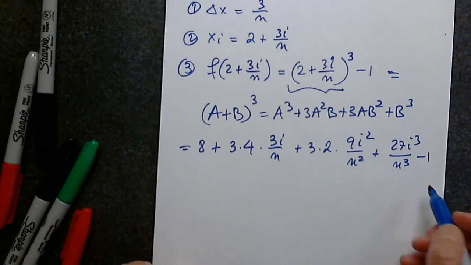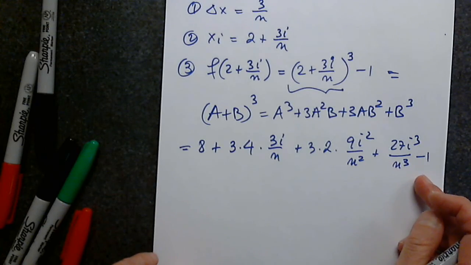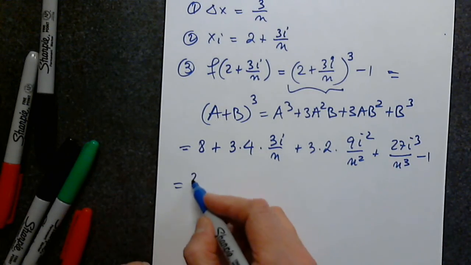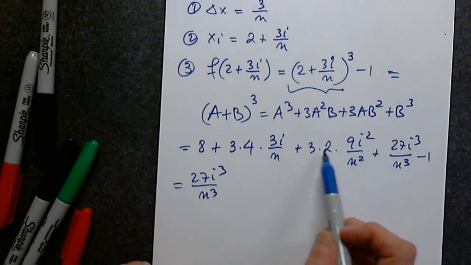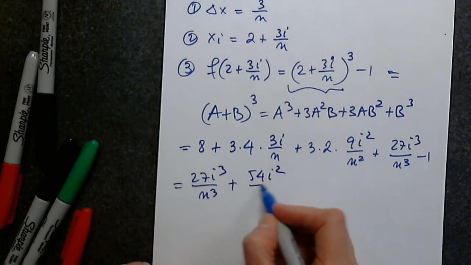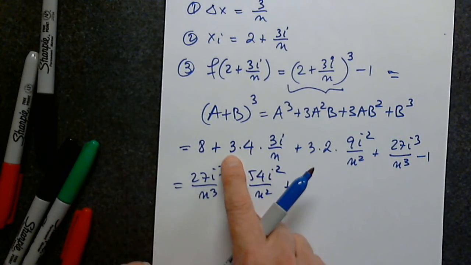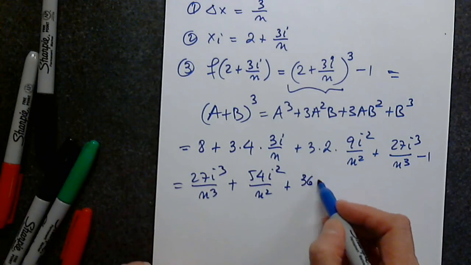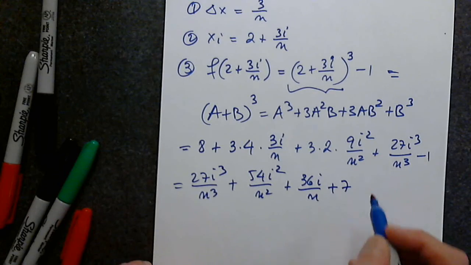Do you want me to simplify it, or is it okay if I? So I'll start with this, which is 27i cubed over n cubed. Then this is 6 times, so it's 54i squared over n squared, right? This is the next. So 36, very good, i over n. And then I have an 8 minus 1, which is positive 7.